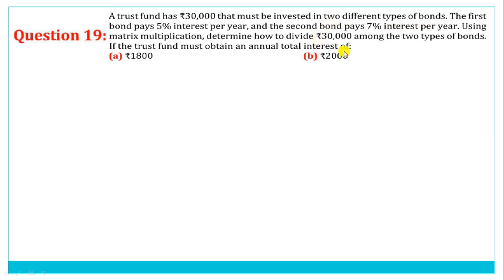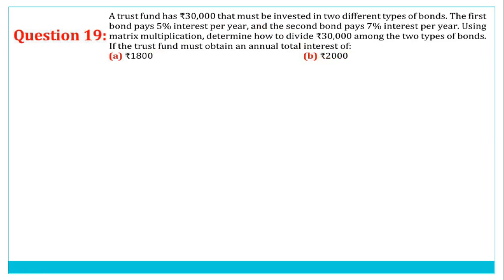We have to use matrix multiplication to determine how much we should invest in both the bonds, such that the total interest that we earn from our investment is 18,000, and then we have to calculate the same for an interest of rupees 20,000.